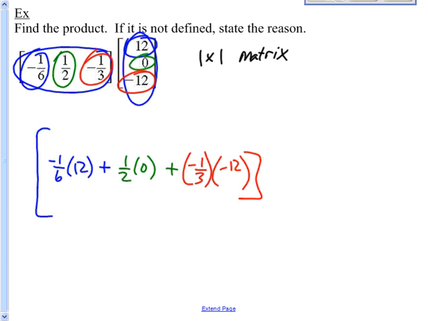So it looks like we've got negative 2 plus 0 plus 4. Negative 2 plus 4 is 2. Look at that. It's a 1 by 1 matrix.